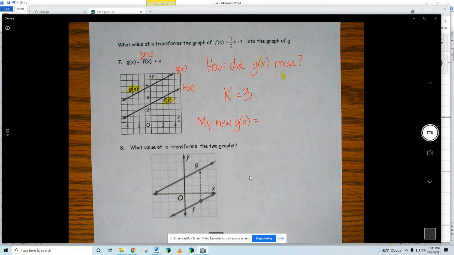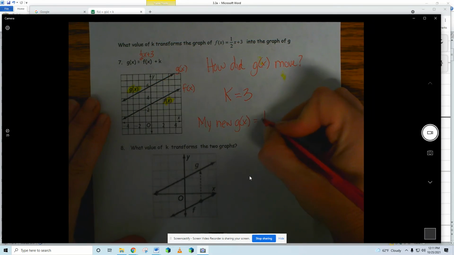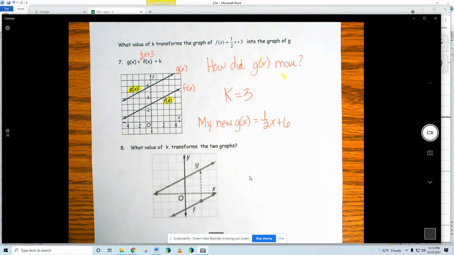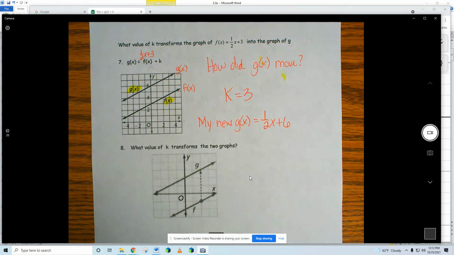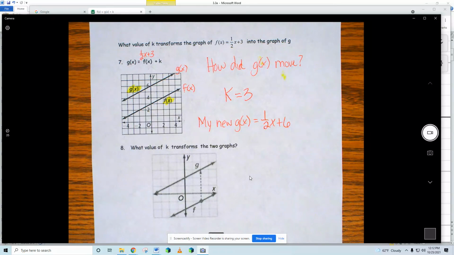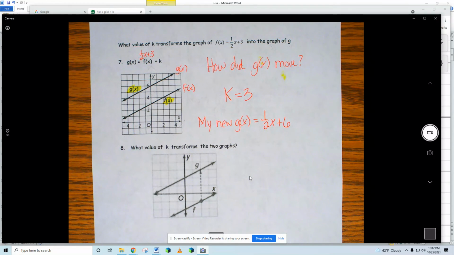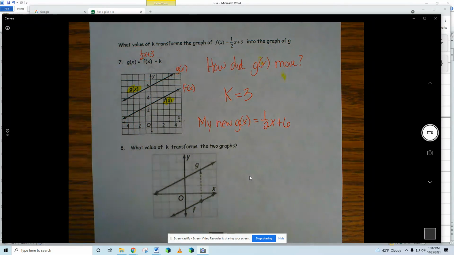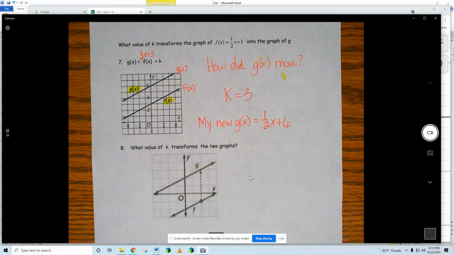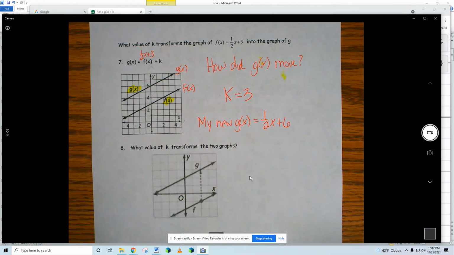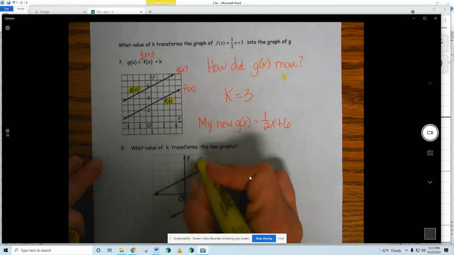The tilt is the same. 1/2 x plus 6. Okay. So number 8 is the same thing it's asking, and you just have to say what movement. Start with f of x. How did it become g? You always go in alphabetical order.